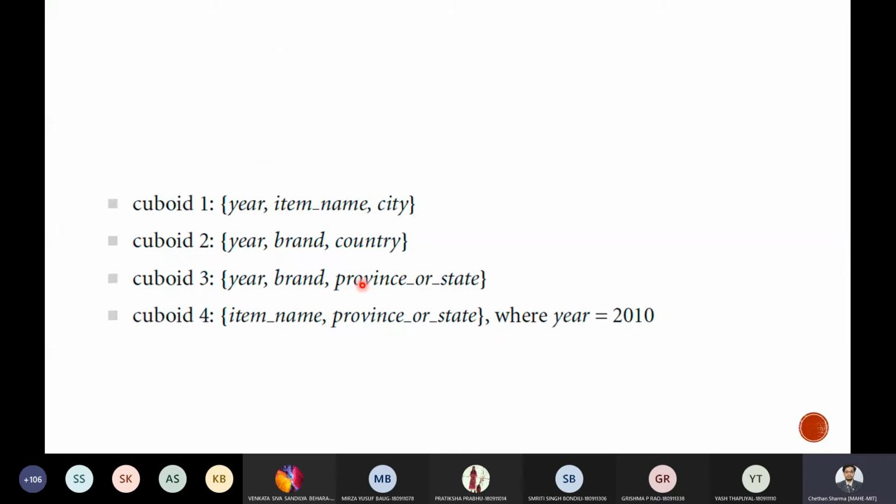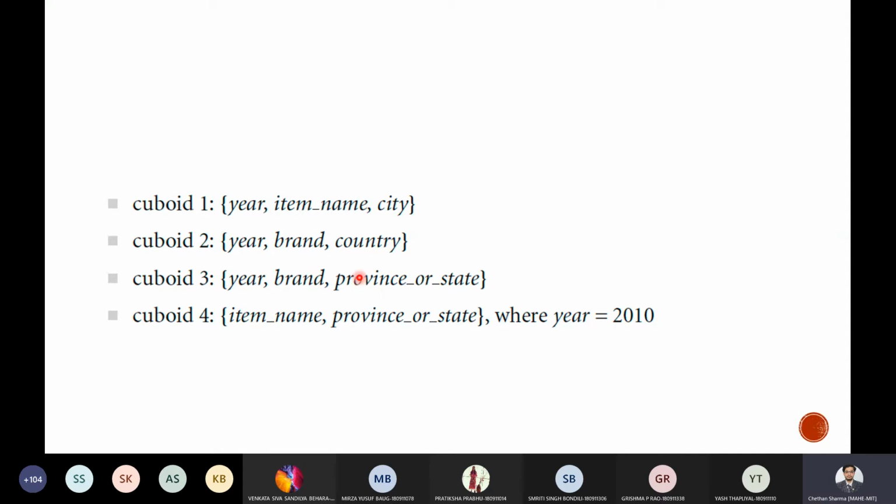There are 4 cuboids here, as shown in the figure, and we are concerned with 3 attributes or dimensions: time, item, and location. There are hierarchies used. For time, it is day, month, quarter, and year. For item, it might be item name, brand, and type. For location, it might be street, city, state, and country. So these are the existing dimensional hierarchies.